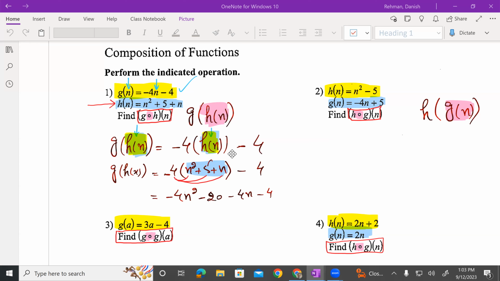Are we done? Or do you still see room for one more step? What do you think? Can you do something more on this? Is there any further simplification possible?